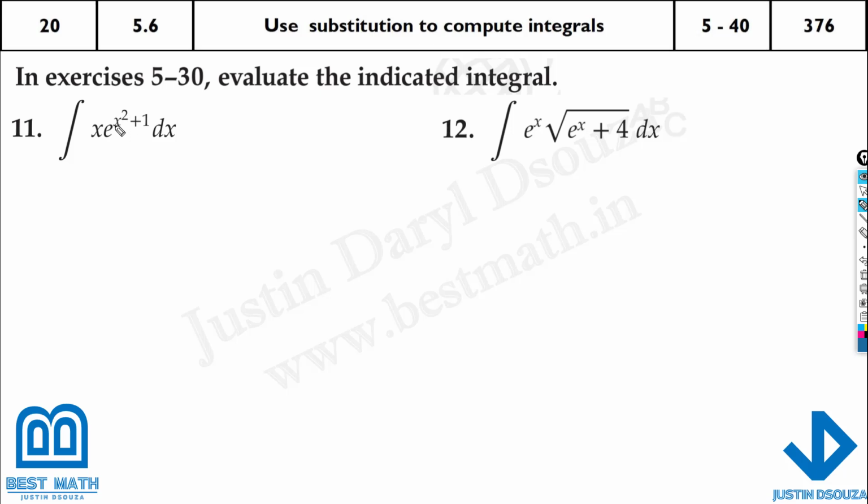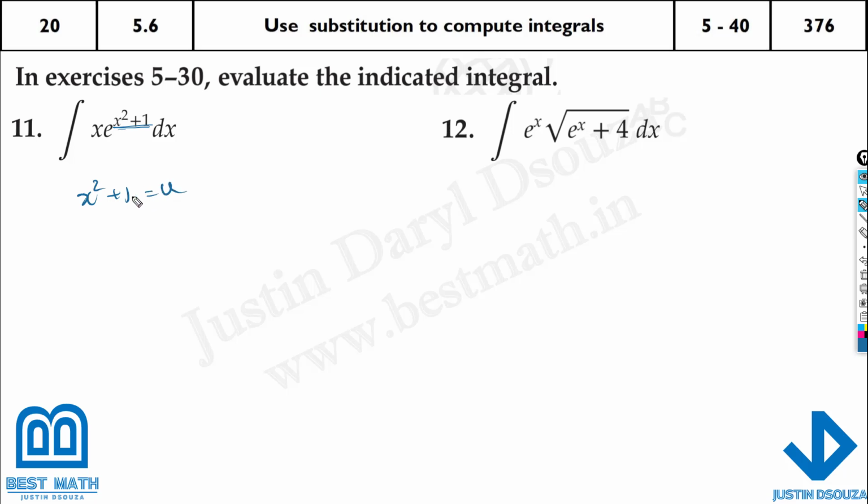So what happens over here? Now if I take the second term as u, there's no way I can solve this. I need to take whatever is raised to the power. This entire thing becomes u here. So x squared plus 1 is equal to u.